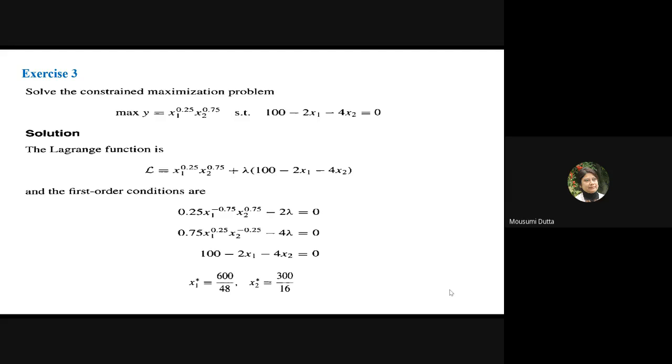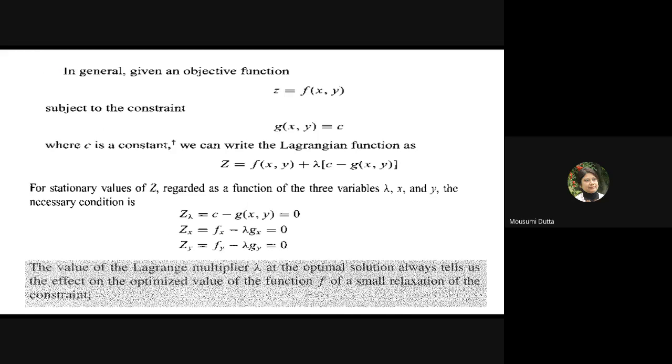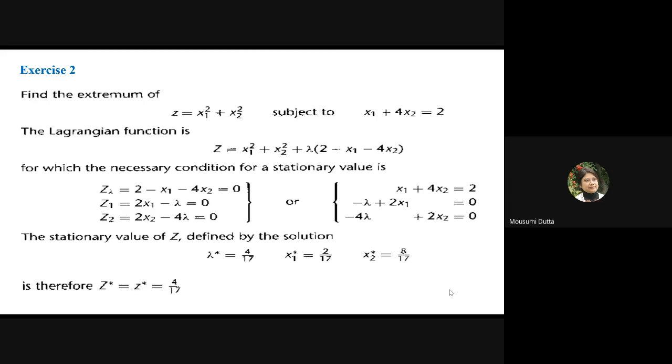So first try to grasp and revise the different definitions, then try to understand the meaning of constrained optimization and of the bordered Hessian determinant, and then solve only the first order conditions using the Lagrange multiplier. You don't need to check the second order conditions. We will check the second order conditions in the next class. I'll start from that point, how we frame the second order conditions.